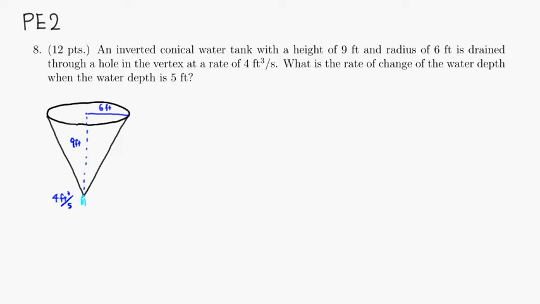So here is the water level, and this point right here is 5 feet. Then we want to know how fast the water depth is changing. So this is the water.